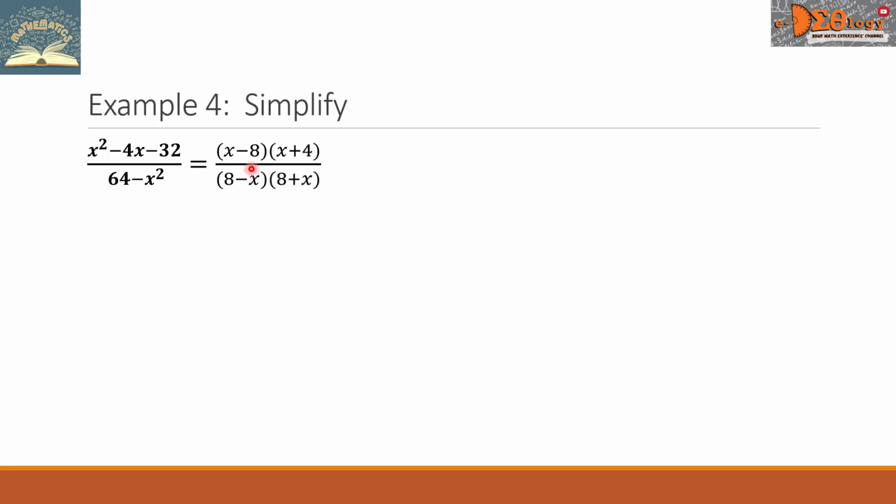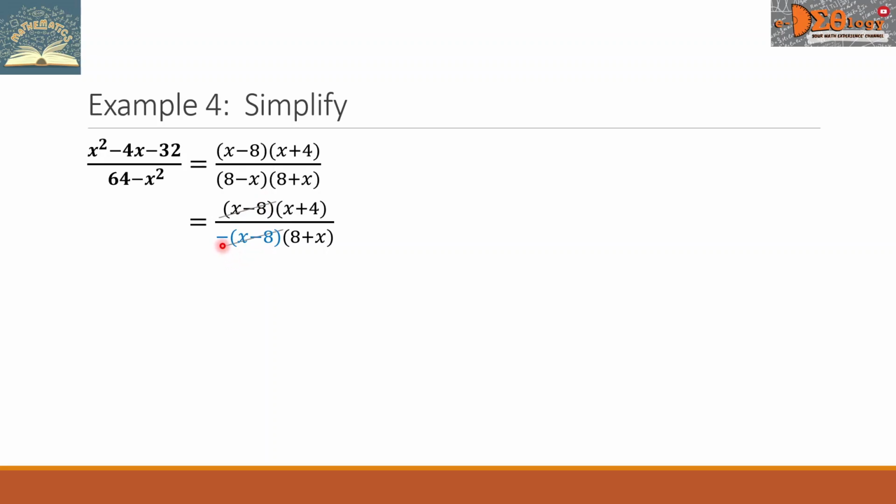We can do small manipulation for the 8 minus x. We can factor out a negative sign or negative 1. This 8 minus x we can write as the negative of x minus 8. And from here, we can see the common factor, the x minus 8, that we can cancel.